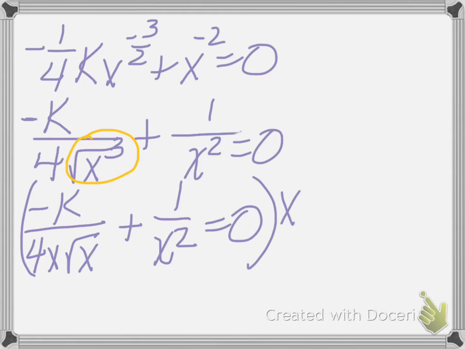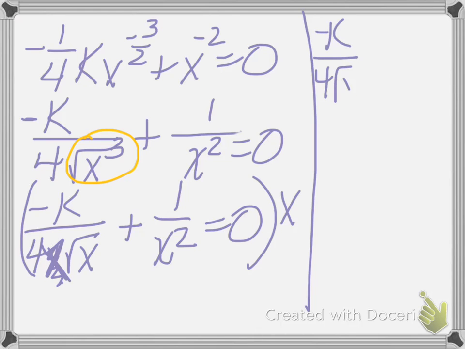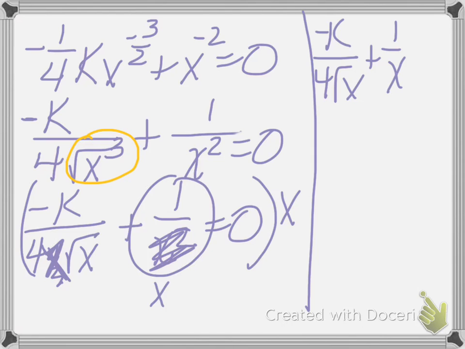When I multiply the first term by x, this x will cancel with that one, which would leave me a negative k over 4 radical x. And when I multiply this piece by x, one of these x's will cancel, leaving me with 1x underneath. So plus 1 over x. And obviously 0 times x is just 0.